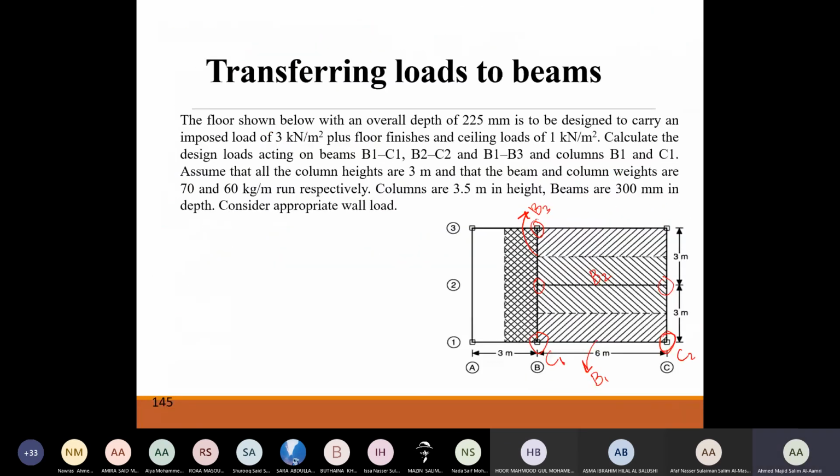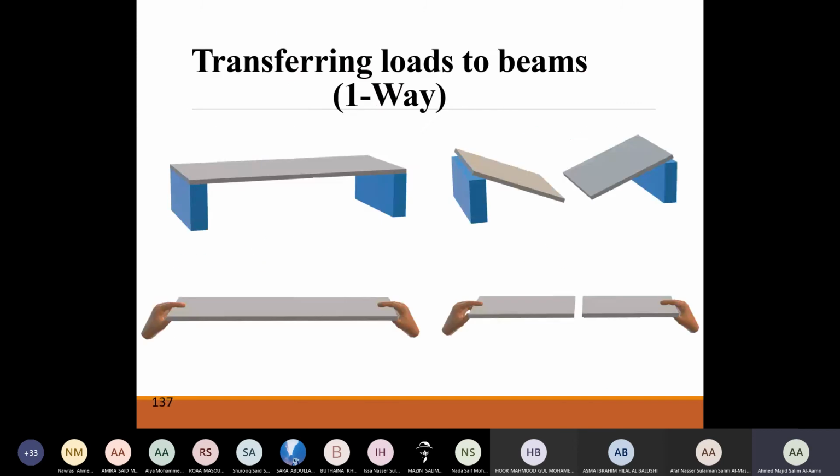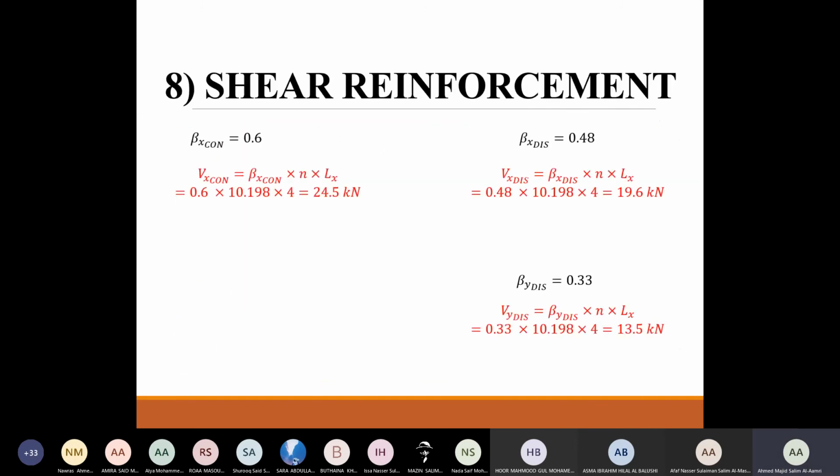So this problem, I have told you, you need to solve fully, whether it's beam or column. I didn't teach you the column, but you can use your logic to do the column. Beams are there, 3 beams and 2 columns. The only big issue that will face you is to consider the appropriate wall load. I have given you the hint how to use wall load from this particular slide.